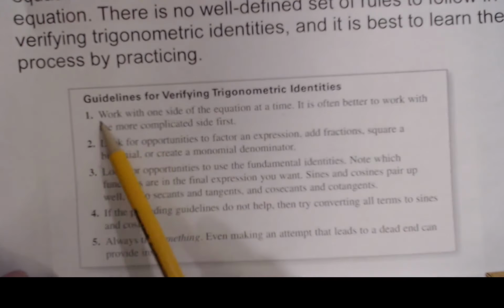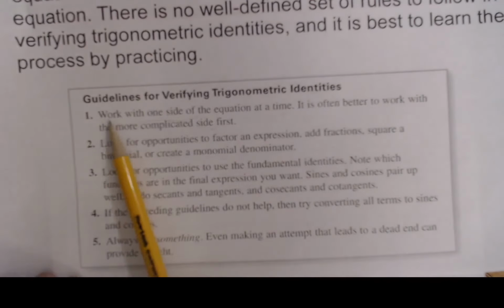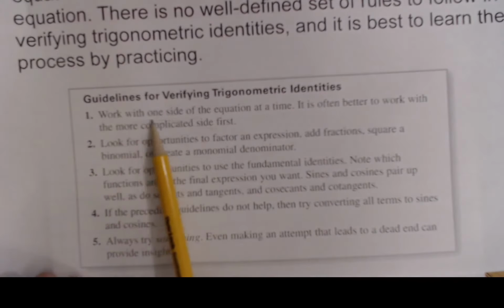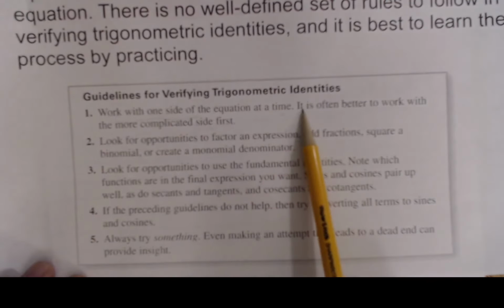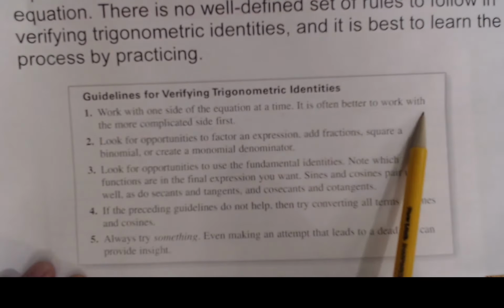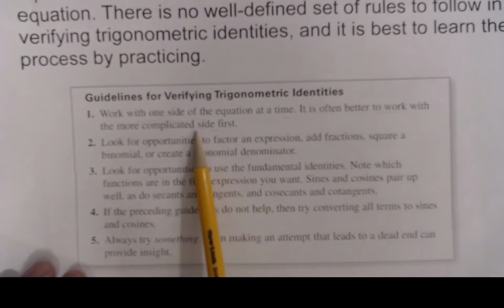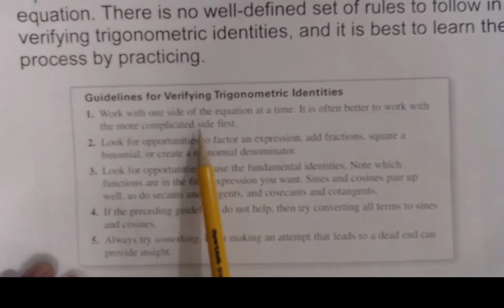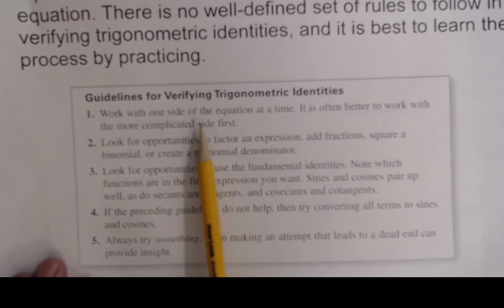According to the guidelines, number 1, work with one side of the equation at a time. It is often better to work with the more complicated side first. So if you have the problem, look at the left side and the right side of the equation, because it comes with an equation.